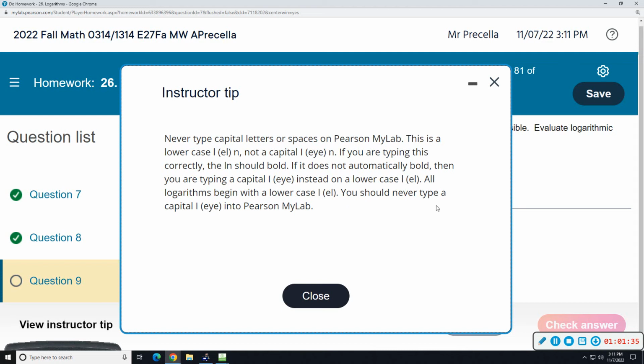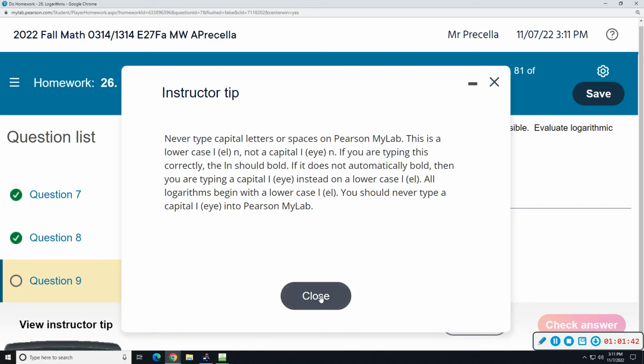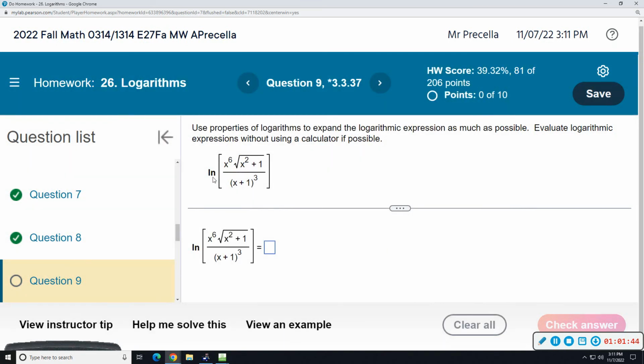You should never type a capital I or any capital letter into Pearson MyLab. So this one has, oh, it looks horrible. But at least we don't have a subscript that we have to be entering in, okay? Let me write this one down. It just looks bad. It's not really that bad. That's an LN. Do you see why some people type in capital I?